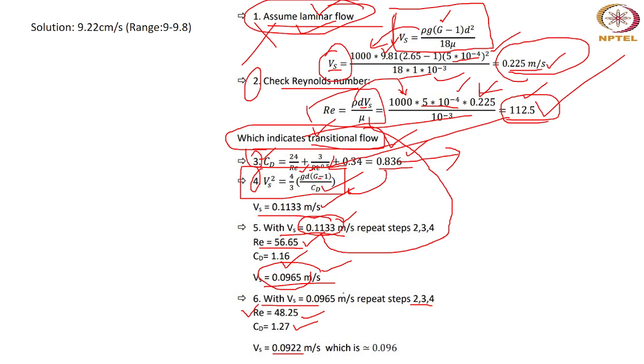So now you can check, this was 0.096 and this is 0.0922. So these are closely equal. So I can conclude that my desired result is 0.096, or you can also write 0.0922 meter per second or 9.22 centimeter per second.